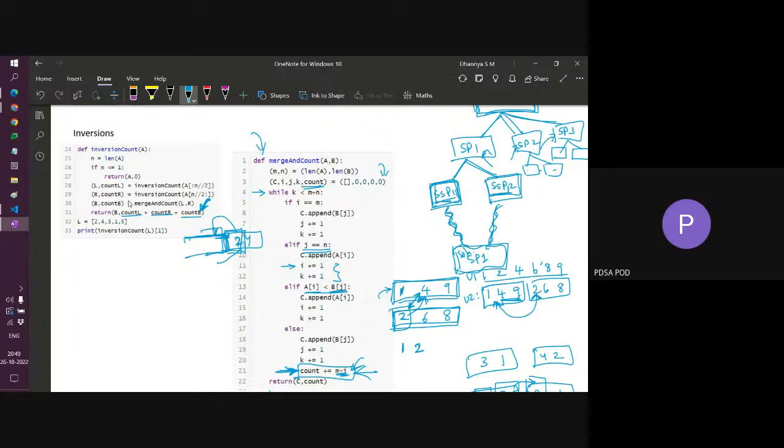You're combining the solutions. The left part has some inversions, the right part has some inversions, and whatever are the cross inversions, i, j where i is greater than j. That is the count we get from the merge count. So don't miss that out. Now, can anyone tell me the complexity of the code?